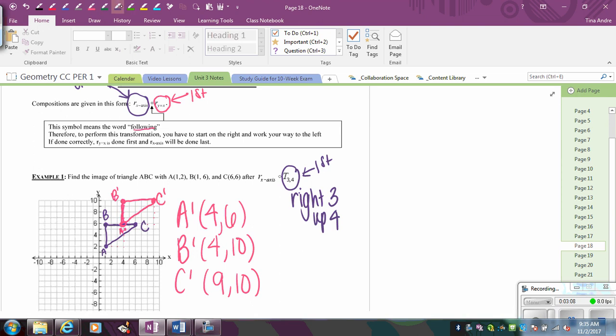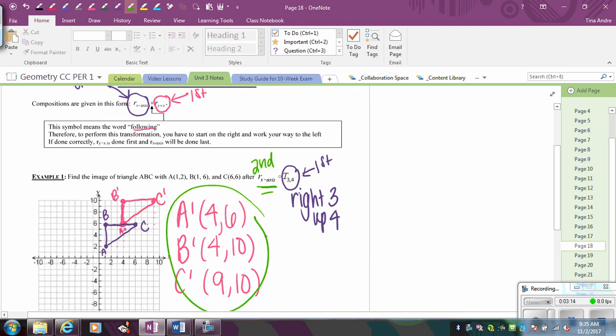So now the second piece is to do the reflection, and we're going to use these. So use these for the reflection over the x-axis, because really I'm doing a reflection of the translation. So now that I have my translation, I'm going to reflect that over the x-axis. So my x-axis is right here.